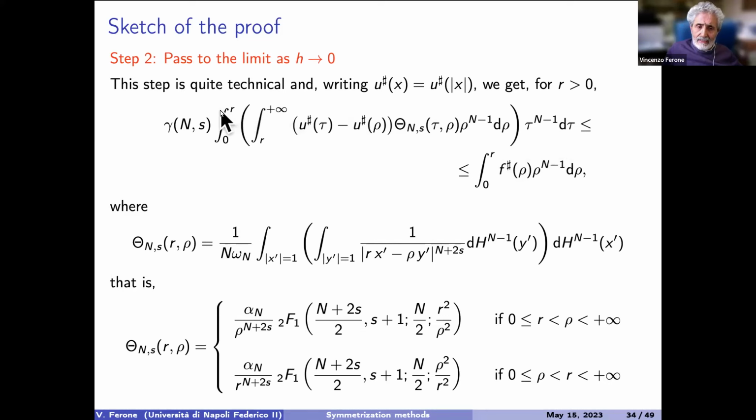And on the left-hand side, all what is written before can be written in terms of a double integral of (u sharp minus u sharp) times a certain function theta, which is the integral over the angular variables, because everything is radial. And this quantity can be written as a combination of hypergeometric functions, which are written here. So this is a very standard computation once you know that u is radial.